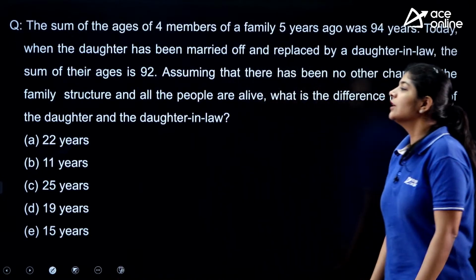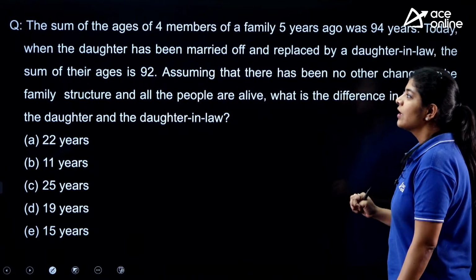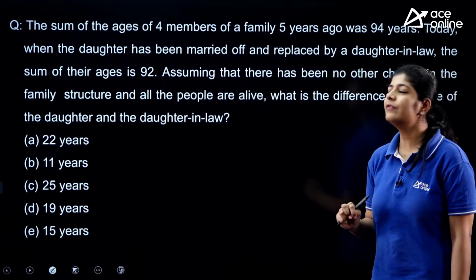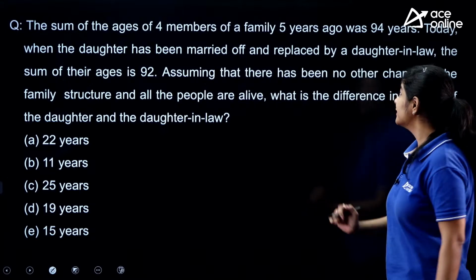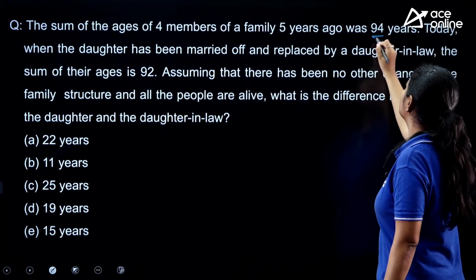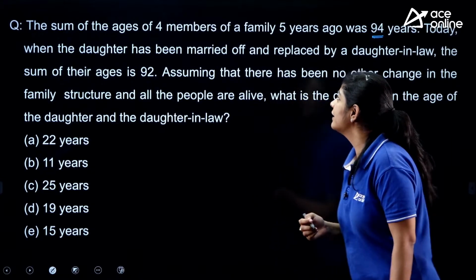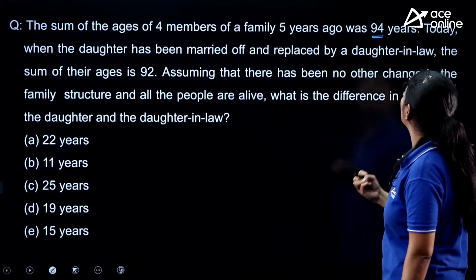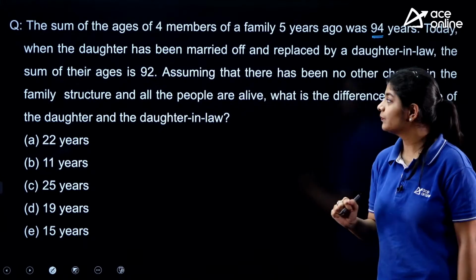Next one. The next question is very easy, trust me. The question says that the sum of the ages of 4 members of a family 5 years ago was 94 years. Today, when the daughter has been married off and replaced by a daughter-in-law, the sum of their ages is 92.